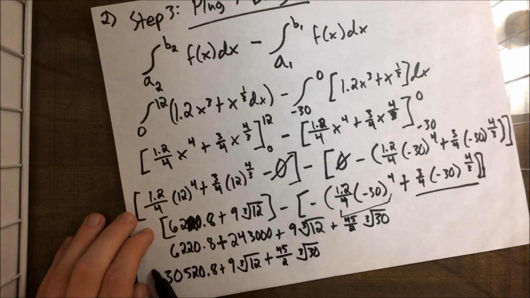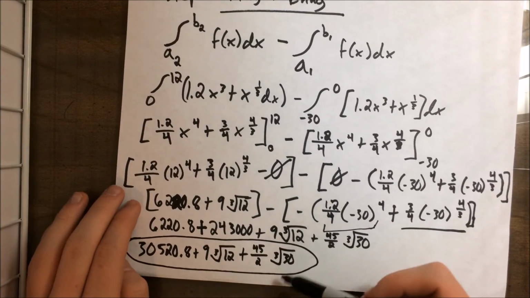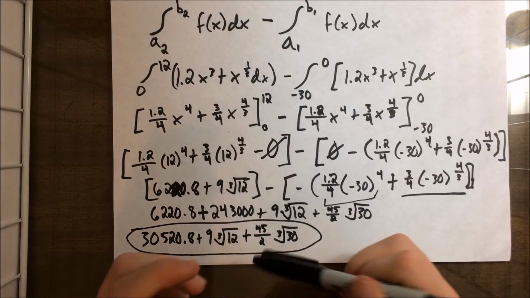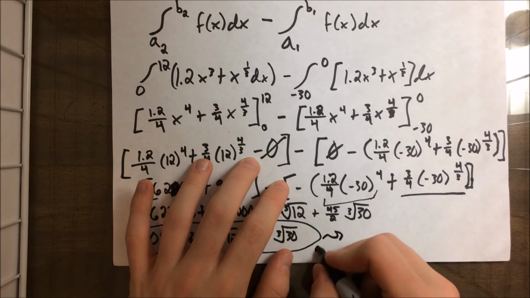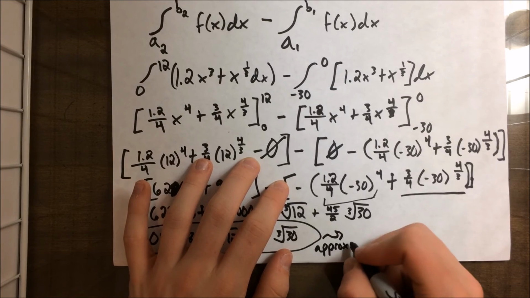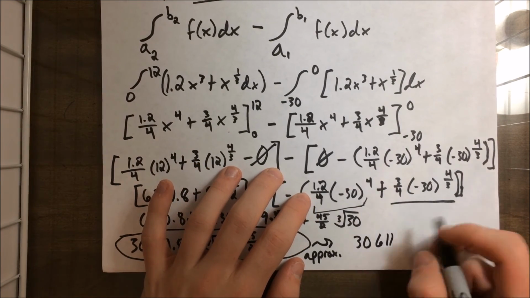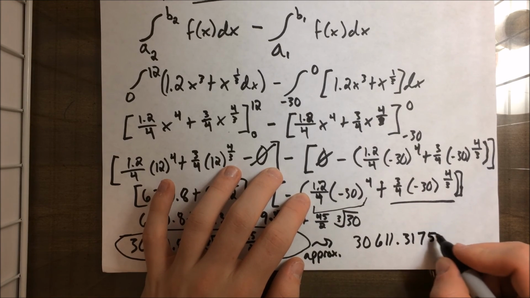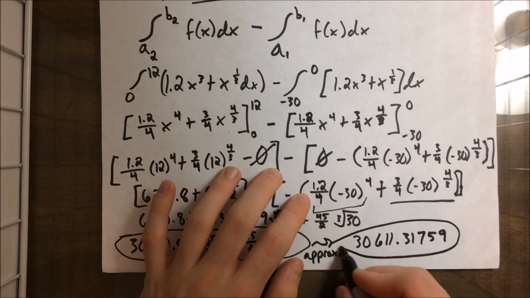And then, so this is your final answer, but if your teacher doesn't like all that jumble mess right there, because that's really not that useful to someone if they're actually trying to make use of it in the real world. So that's also approximately equal to 30,611.31759. So that is your approximate answer.